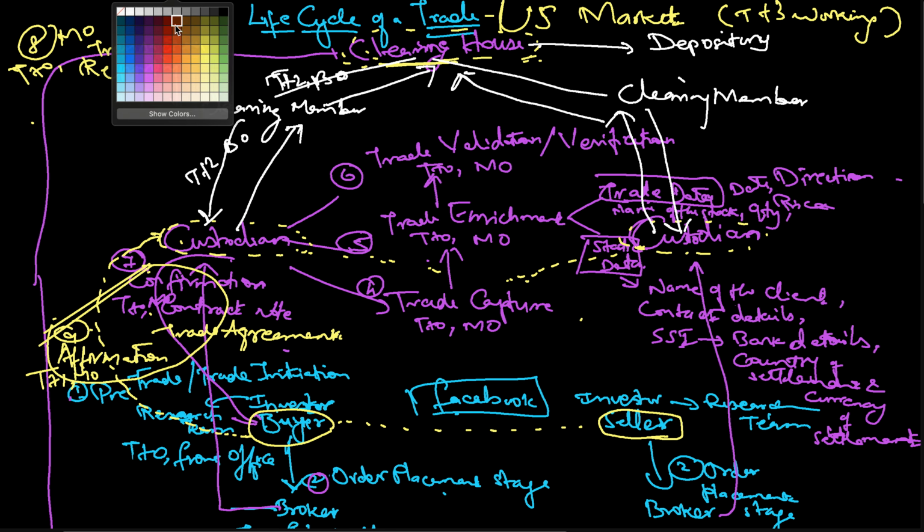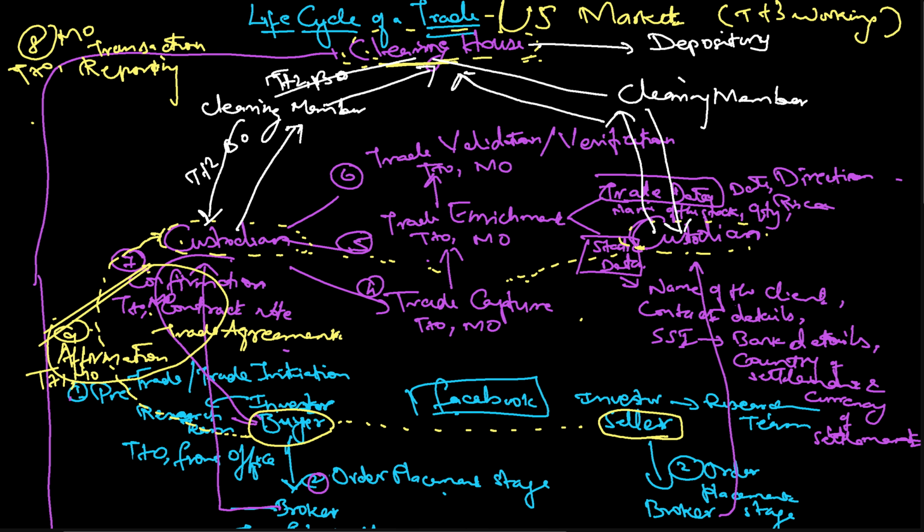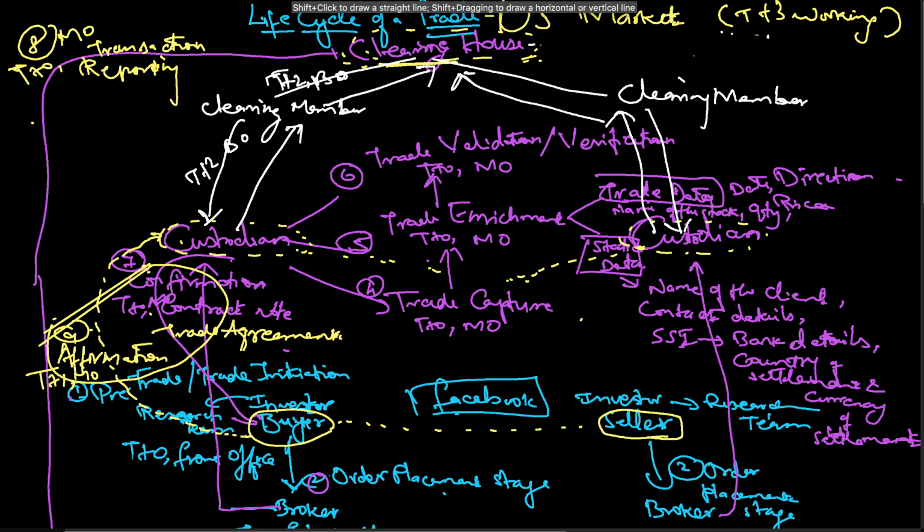So let me use another color here just to differentiate. So it will go to the depository. Now this is happening on T plus 2 back office. This stage is called settlement instructions.